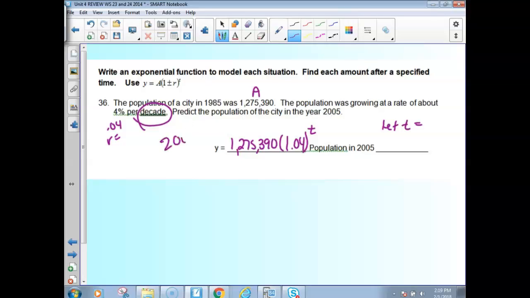Okay, so 20 years, you're not going to put in t as 20. 10 years is a decade, so this would be 20 divided by 10. So we're going to let t equal 2. So read carefully. All right, and this is number 36. And when I did that calculation, I got 1,379,462 people.